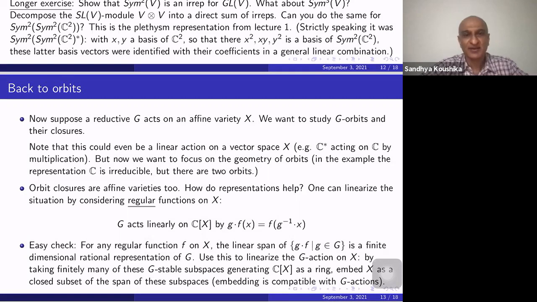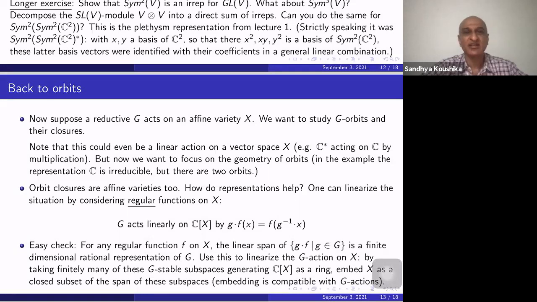I strongly recommend that you try this by doing something very simple. For example, if you just start with a linear action to begin with, then this is going to be trivial. But say you start with a linear action and take an orbit in the second symmetric power or something like that.